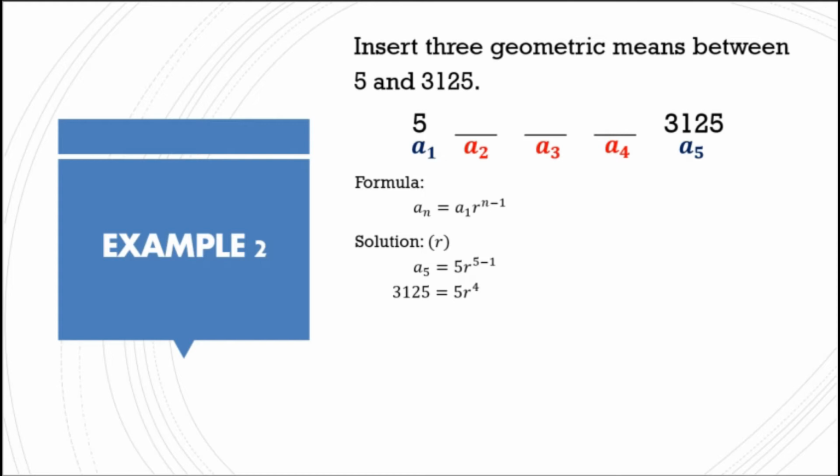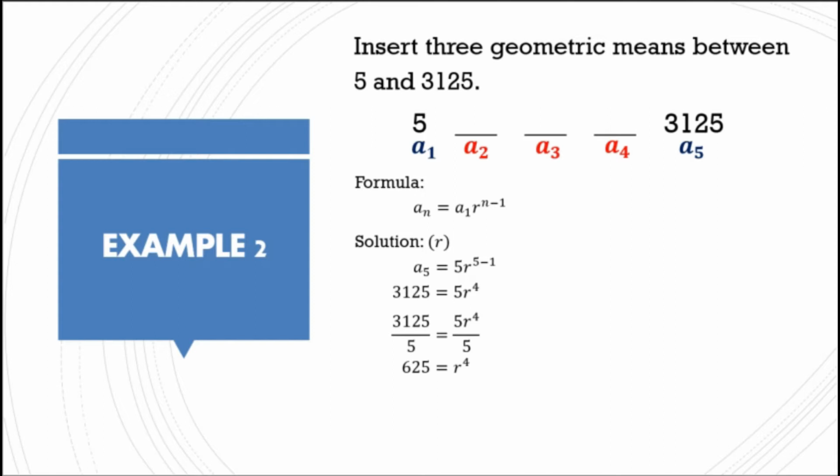To get the value of r, we should eliminate 5. Doing that, we divide both sides by 5. 3,125 divided by 5 is equal to 5r raised to 4 divided by 5. 3,125 divided by 5 is 625, and 5r raised to 4 divided by 5 is equal to r raised to 4.